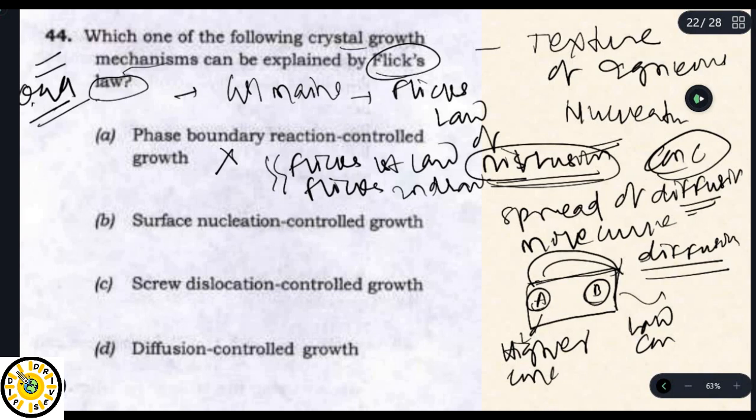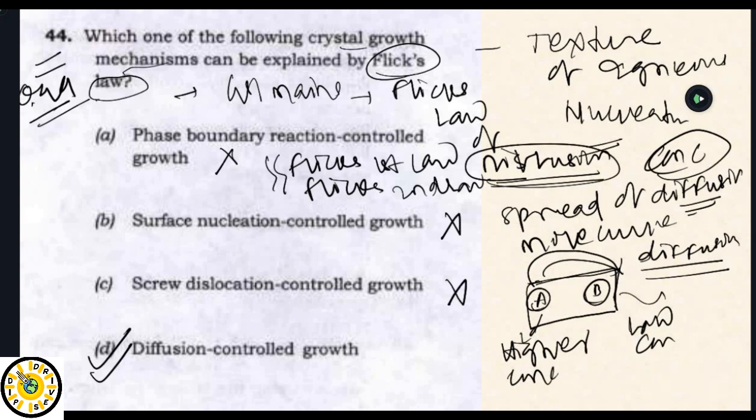Surface nucleation control growth, no. Screw dislocation, no. Yes. So diffusion control growth, and the Fick's law is associated with the diffusion. So how the molecule get diffused, ठीक है, get diffused from the higher concentration to lower concentration, that is more important part, ठीक है. और अभी के लिए और थोड़ा जान लो, ठीक है, Fick's law.